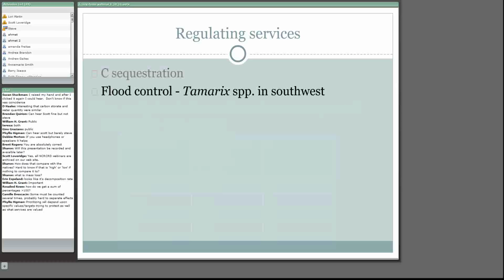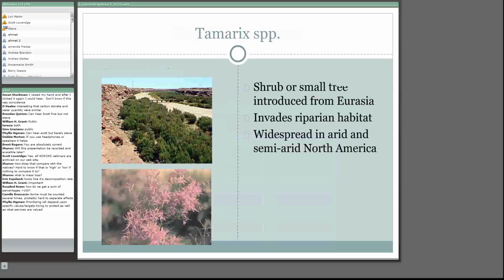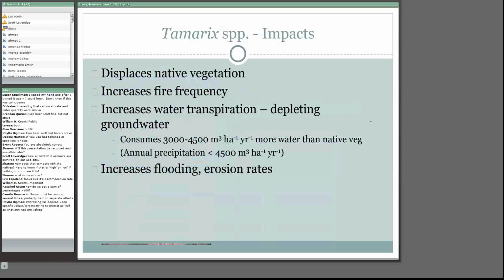Another example is tamarisk, particularly in the southwest. As most of you are probably familiar with, tamarisk is a shrub or small tree from Eurasia. It often primarily invades riparian habitat, widespread in the arid, semi-arid regions of North America, and typical of invasive plants, it displaces native vegetation.